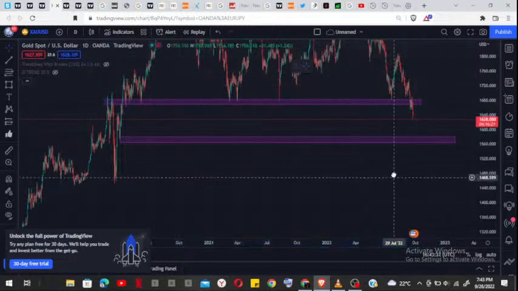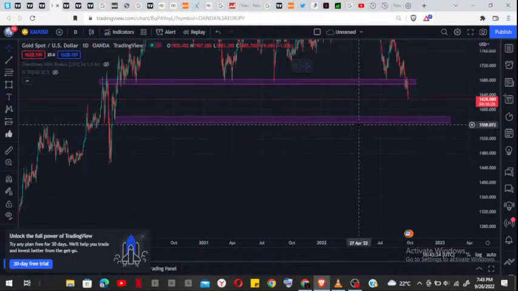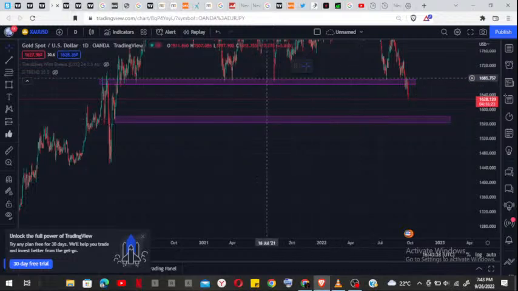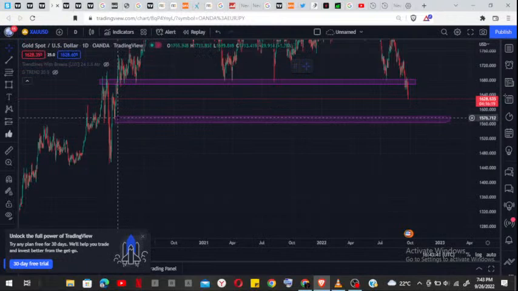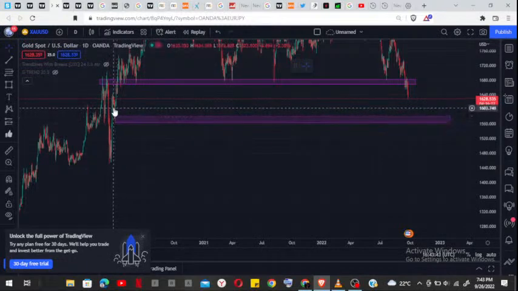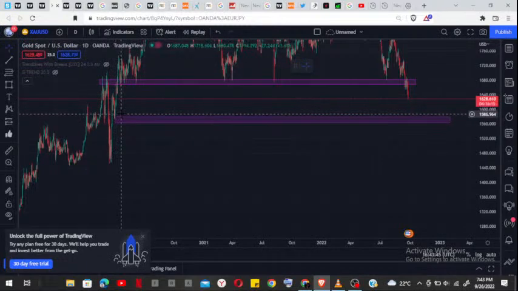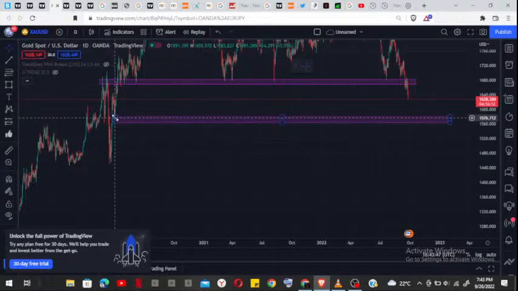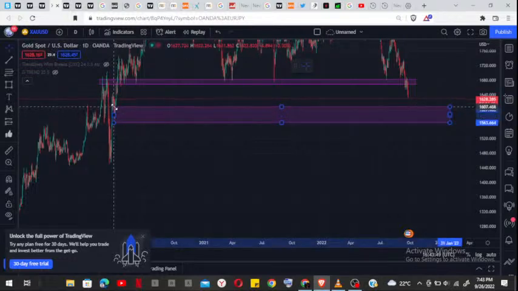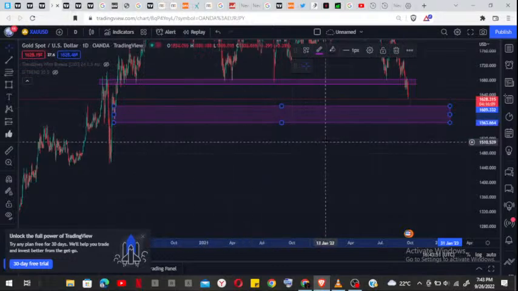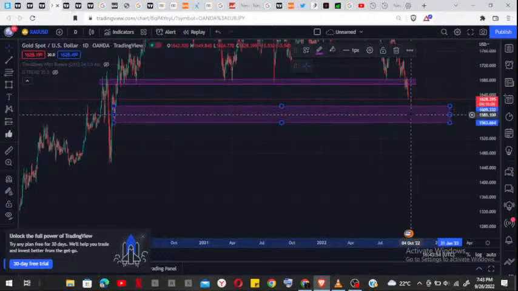And one of the zones that we're waiting for is around this zone over here. It might be up until this zone, which is 1600s, and let me just thicken this because I don't want to draw these multiple times. So this zone over here is one of our targets that we are looking for at the moment.